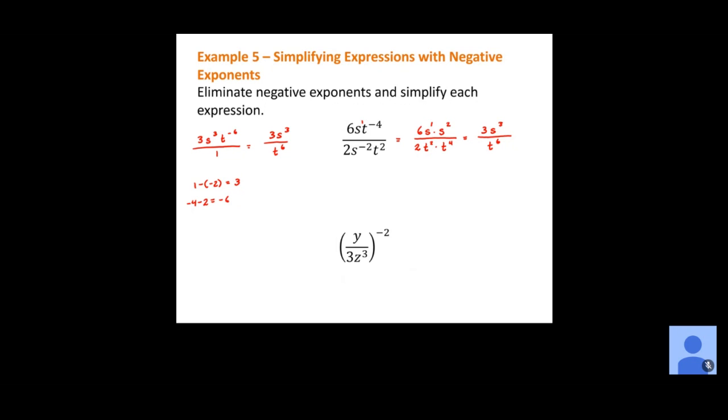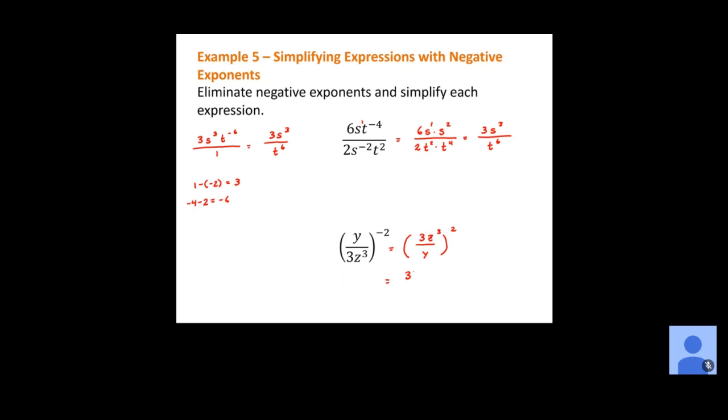All right, now the next one, remember we have a property that says if we have a fraction and we have a negative exponent, we can actually take the reciprocal of that fraction and turn that into a positive exponent. So the reciprocal here is going to be 3z to the third over y. And now my exponent becomes a positive 2 instead. Now at that point, we can actually just distribute that 2.